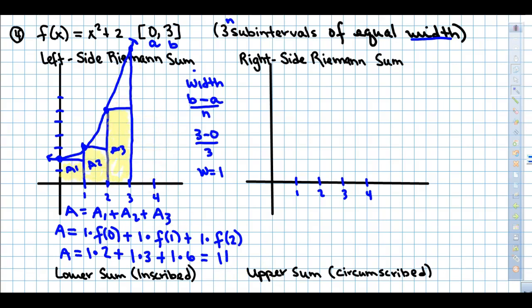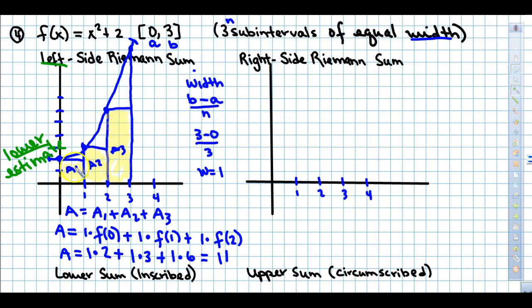Now, I know that that is actually a lower estimate. This is what we refer to as a lower estimate. And it's not because it's a left estimate. Do not think that left means lower. That is not true. Left does not mean lower estimate.